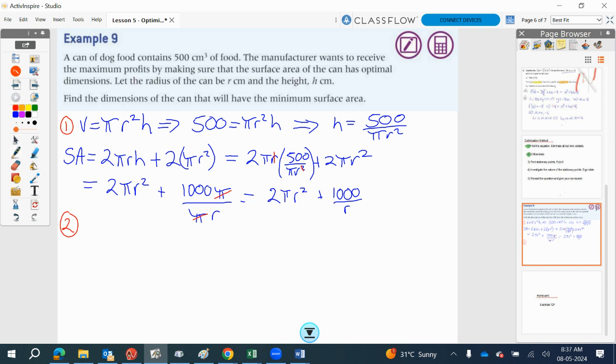What is the derivative? Four pi r. What is the derivative of the second term?